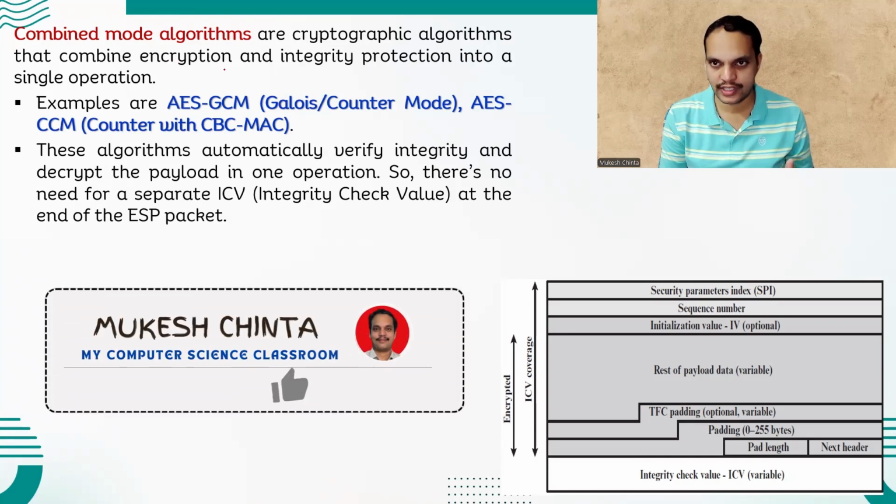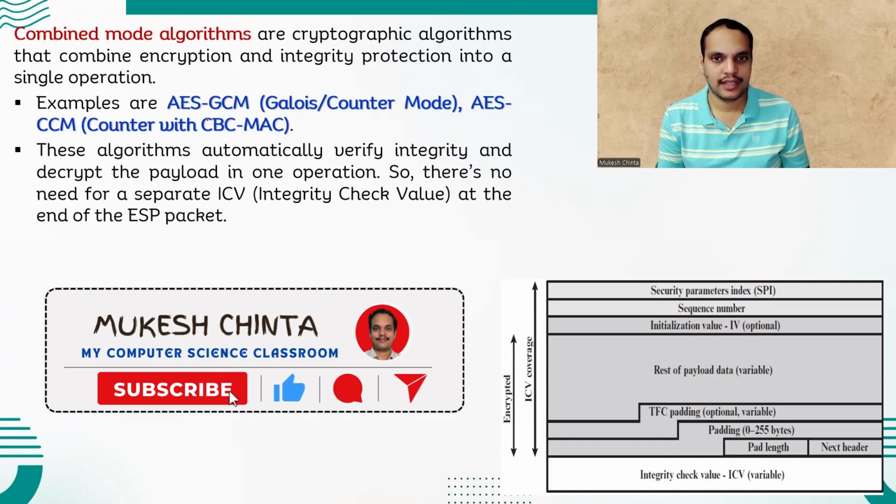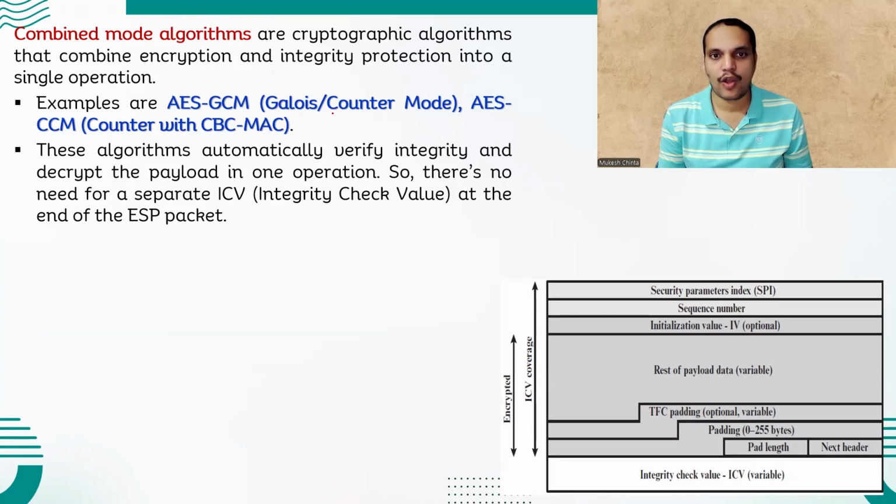The most commonly used examples are AES GCM, the Advanced Encryption Standard in Galois Counter Mode, or AES CCM, the Counter with CBC-MAC mode. These algorithms automatically verify integrity and decrypt the payload in one operation. So there's no need for a separate ICV at the end of the ESP packet.